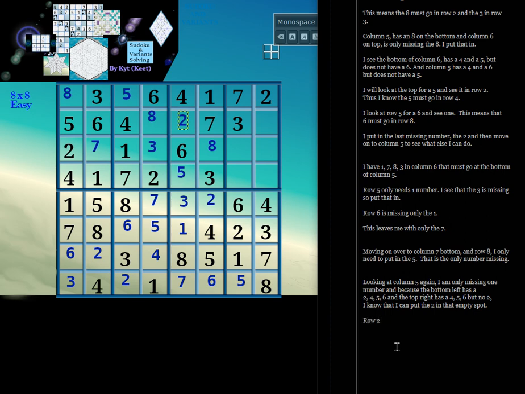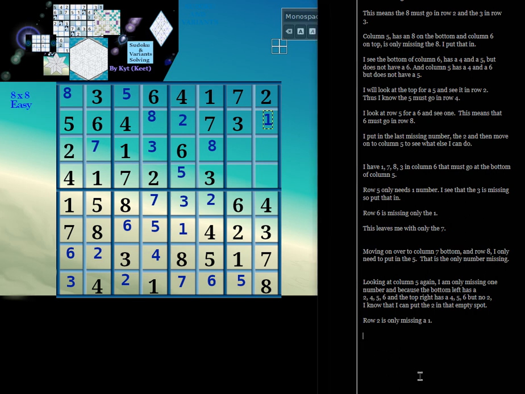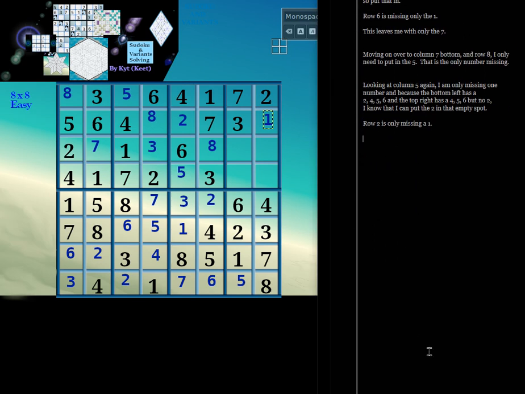Now row 2 is only missing a 1. Row 3 is missing a 4 and a 5.